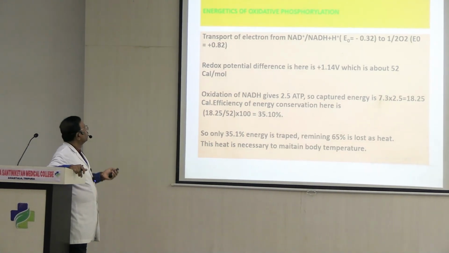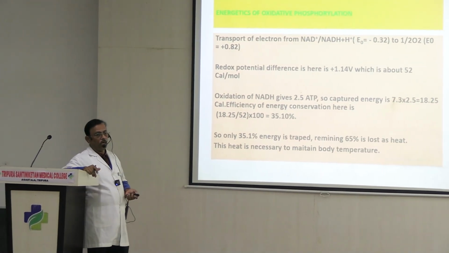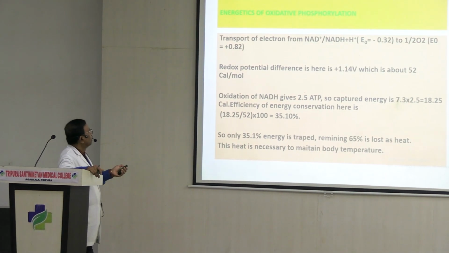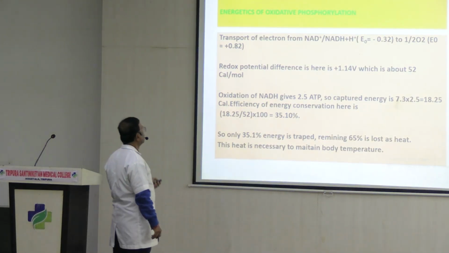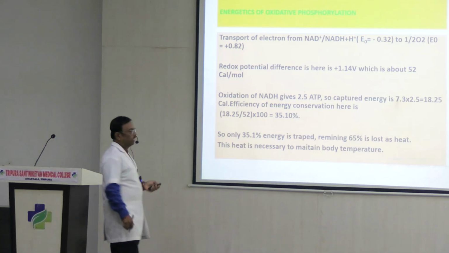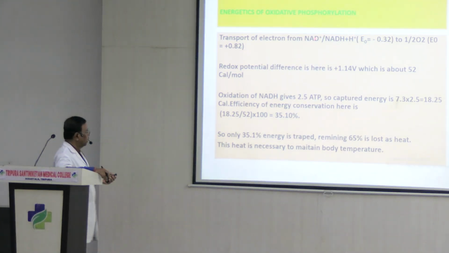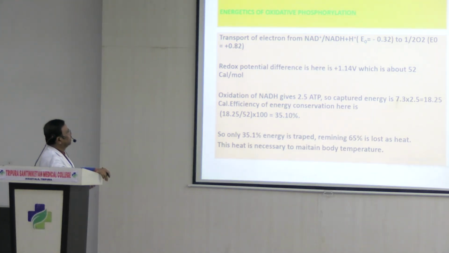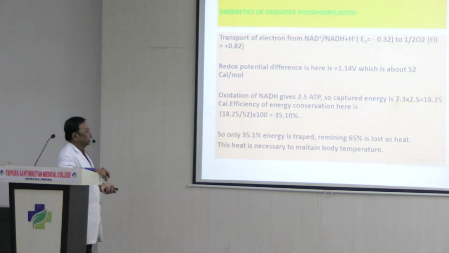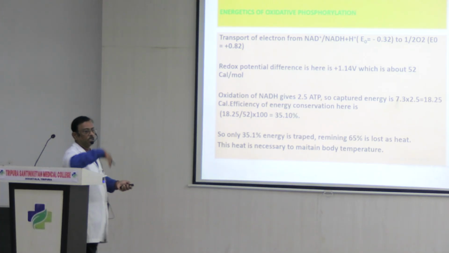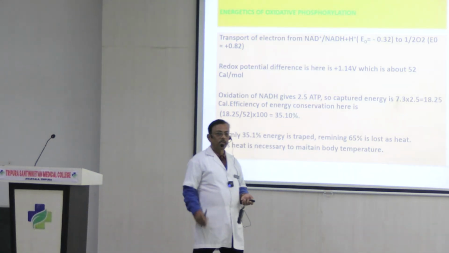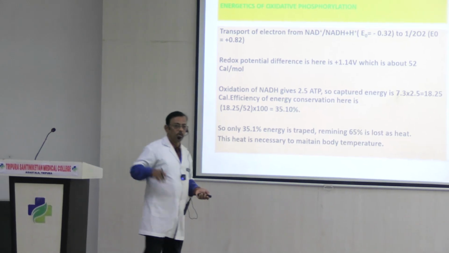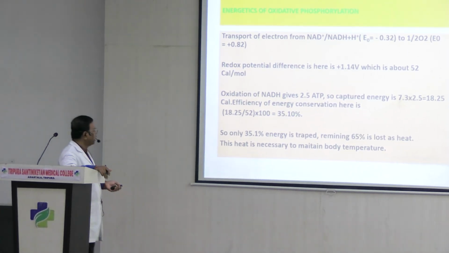Now, you have seen in the first complex, the NAD and NADH redox couple has a redox potential of minus 0.32, and ultimately the electron is accepted by oxygen, where the redox potential is plus 0.82.